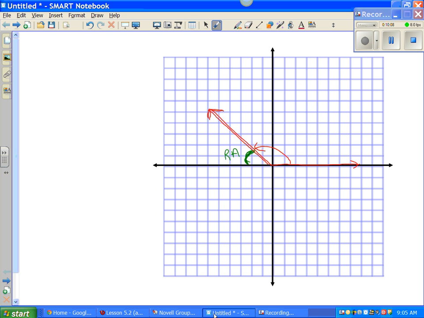There's my reference angle. And we're going to find out how to algebraically determine what reference angles are as well. You guys all right with that? RA is reference angle.